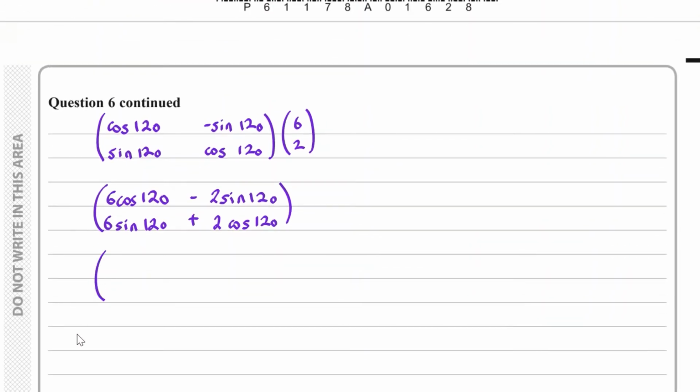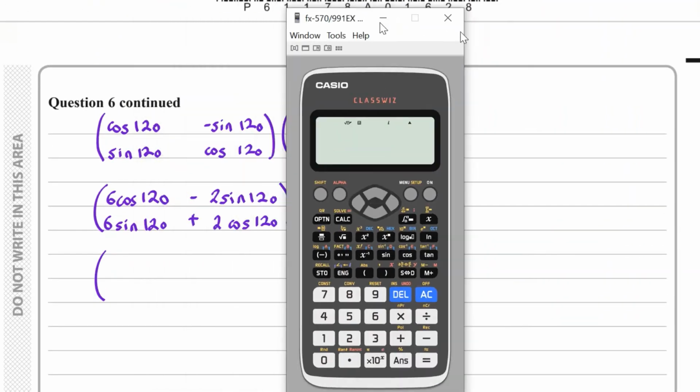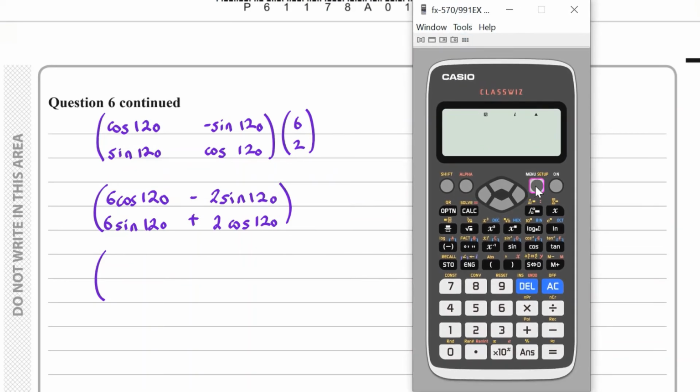So if we work out this vector, if we go to our calculator, make sure that you're in degrees mode if it helps. We have 6 times the cosine of 120 minus 2 times the sine of 120. That's minus 3 minus root 3. And for the other part, we have 6 times the sine of 120 plus 2 times the cosine of 120.